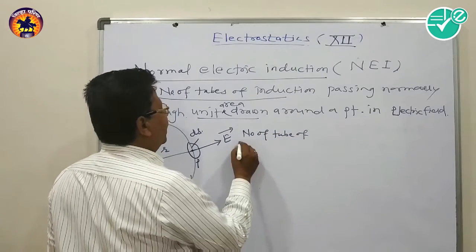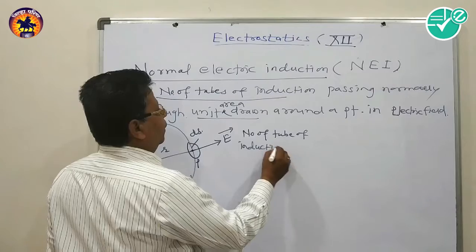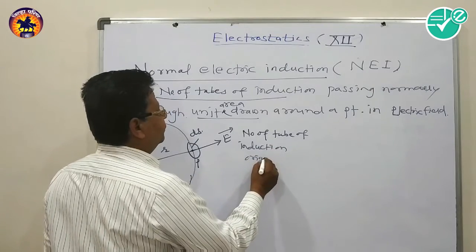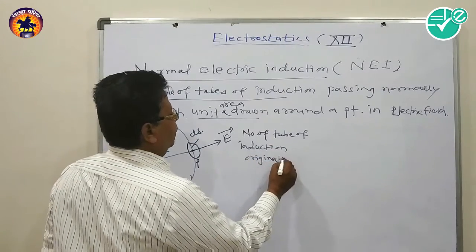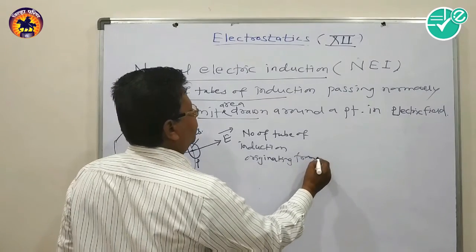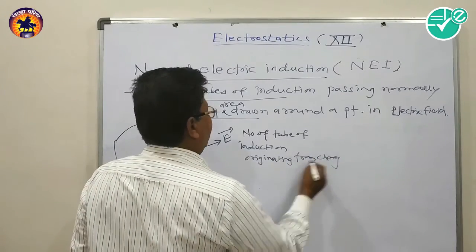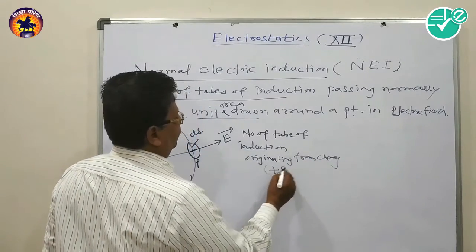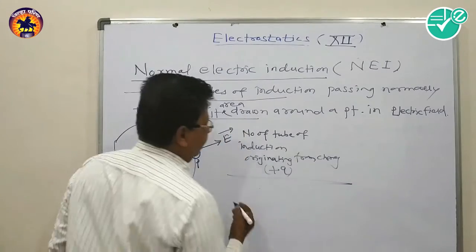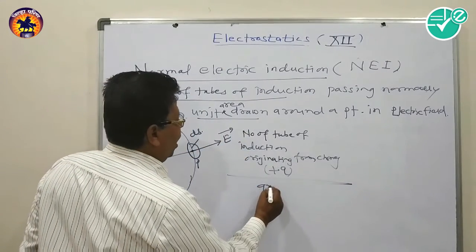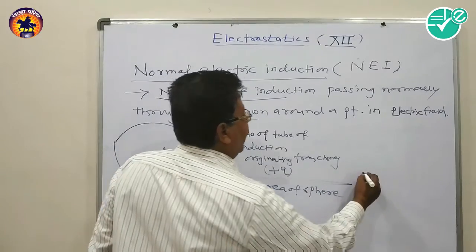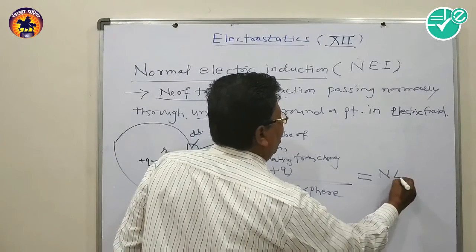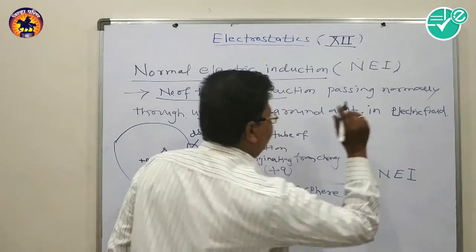Then by the definition of normal electric induction, the number of tubes of induction originating from charge plus Q divided by the area of the sphere gives normal electric induction.